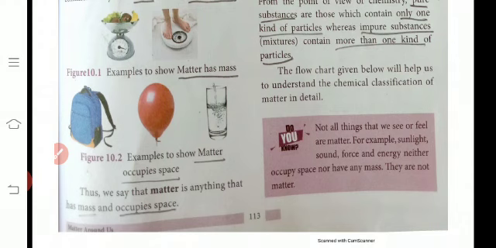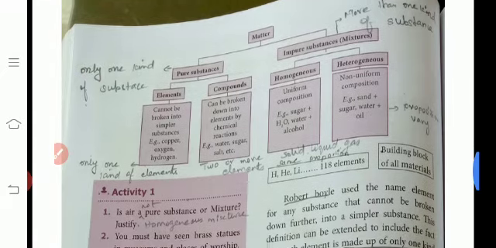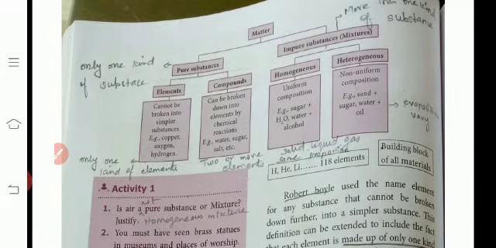Next, the tabular column. Matter is divided into two types, pure substances and impure substances. The impure substances are called mixtures. The pure substances are divided into two types, elements and compounds. Elements contain only one kind of substance.